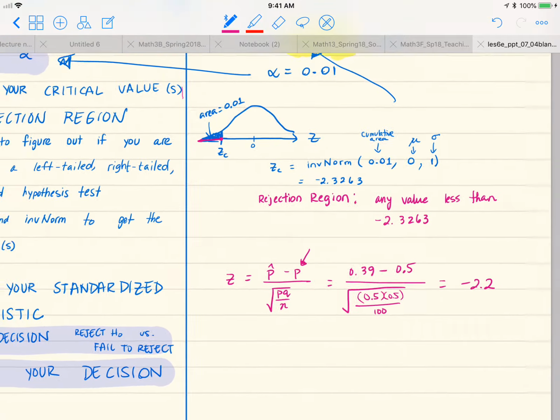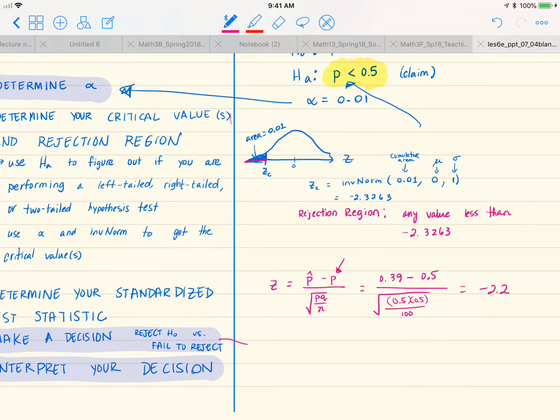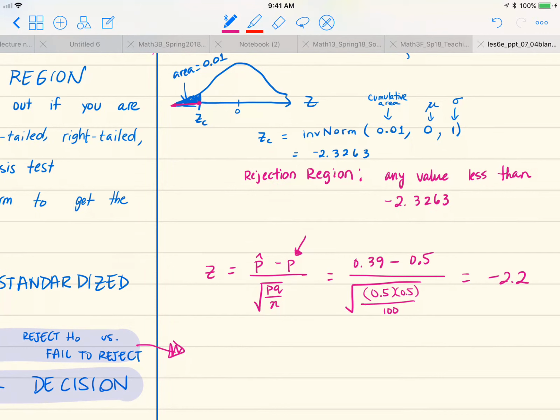Now, to make a decision, reject or fail to reject, I need to see: is negative 2.2 in my rejection region? Now remember, our rejection region is any value less than negative 2.3263. So if I've got negative 2.3263, and here's 0, where does negative 2.2 fall? It's going to be bigger than negative 2.3.